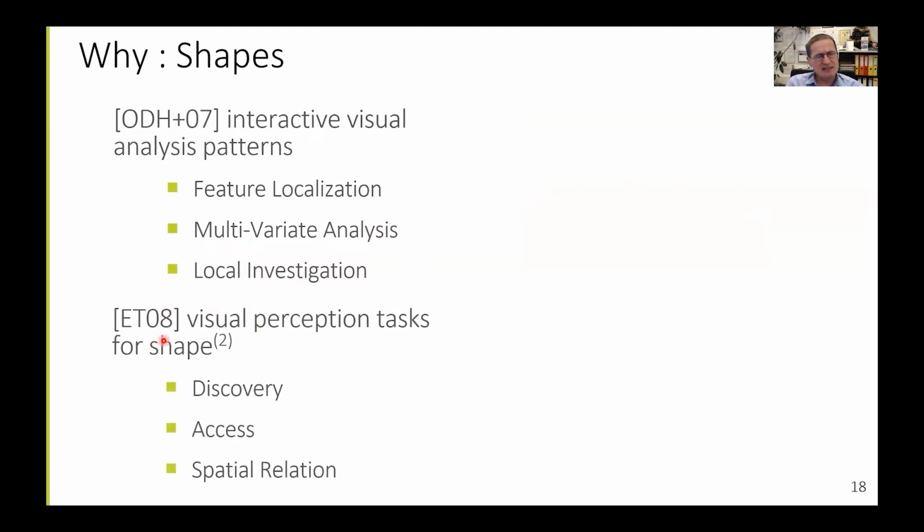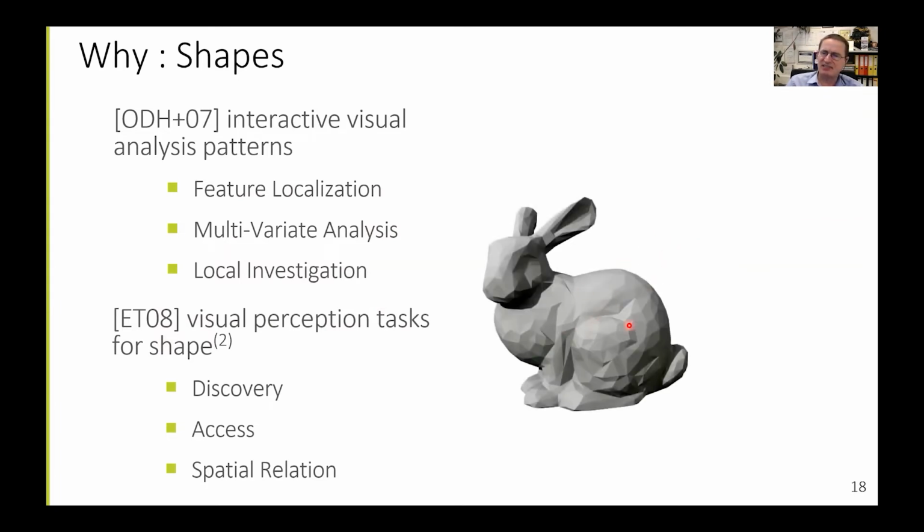Still other taxonomies on visual occlusion handling from Elmqvist and others are talking about visual perception tasks for shapes. And the one is discovery. Where is a specific shape? And the other one would be access. How can I closely look at my data? And maybe, as I mentioned before, in the comparative visualization, what is the spatial relation between the data?